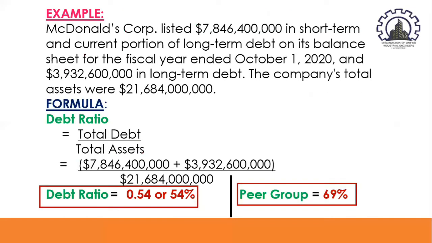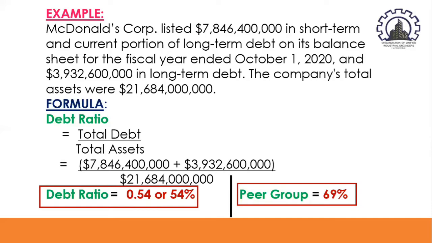So as an example, McDonald's Corporation listed $7,846,400,000 in short-term and current portion of long-term debt on its balance sheet for the fiscal year ended October 1st, 2020, and $3,932,600 in long-term debt.